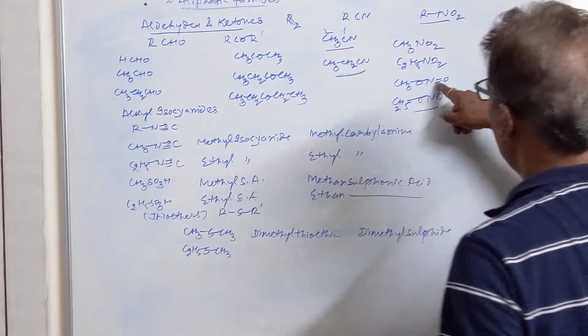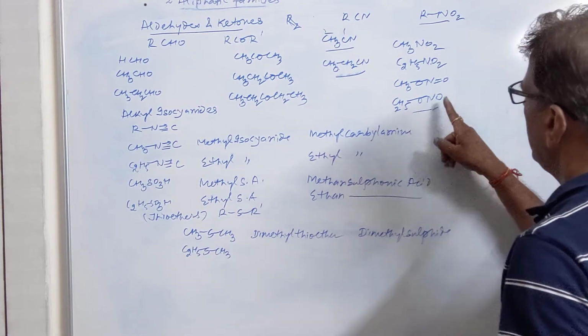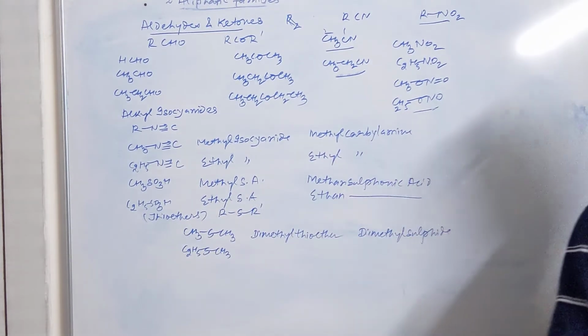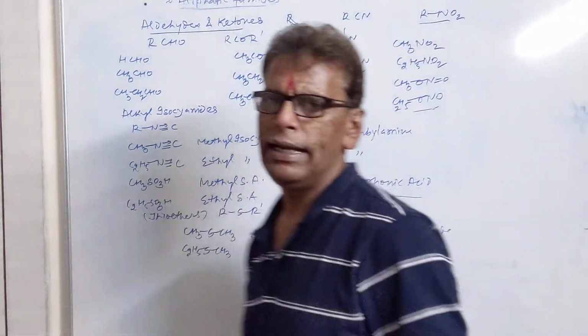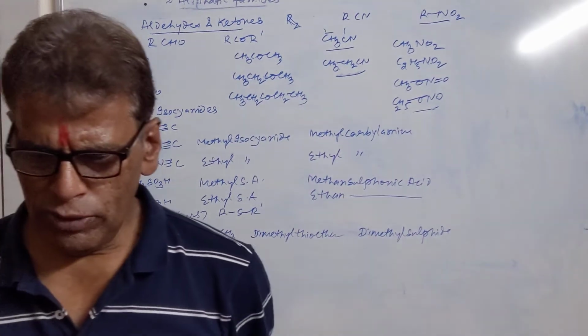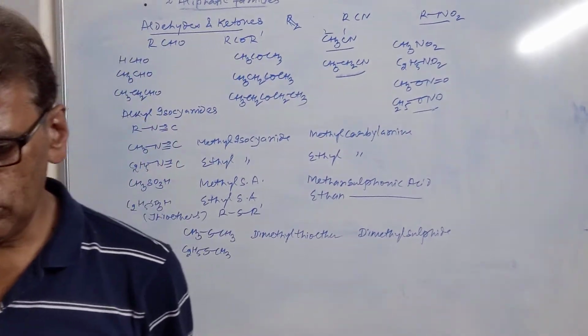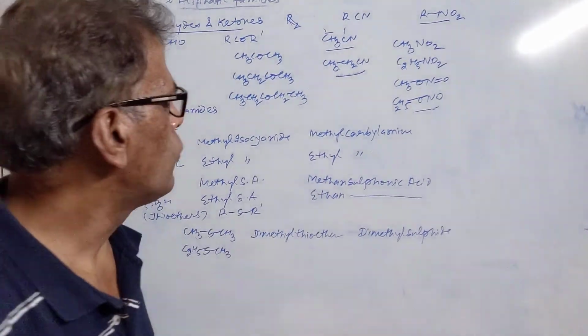This is methyl nitrite, ethyl nitrite, or nitritomethane, nitritoethane. These are named like that. So nitroalkanes and nitritoalkanes, these are the two families which we will come across in the 12th class. So they are to be named here also.